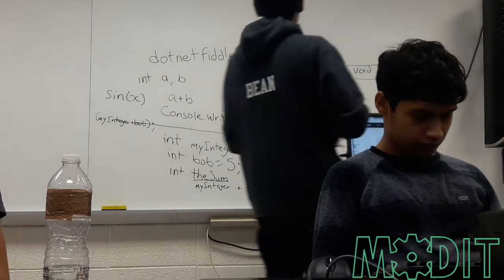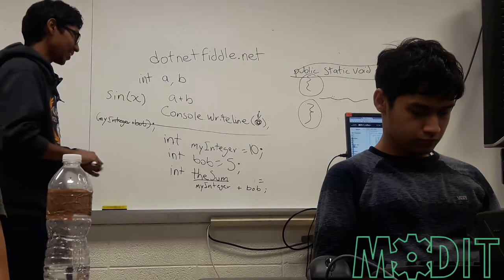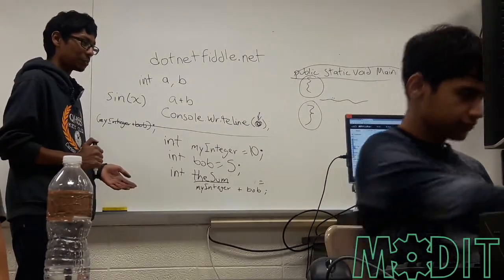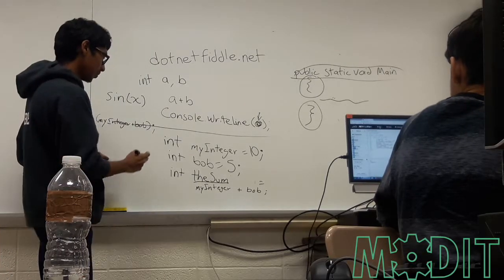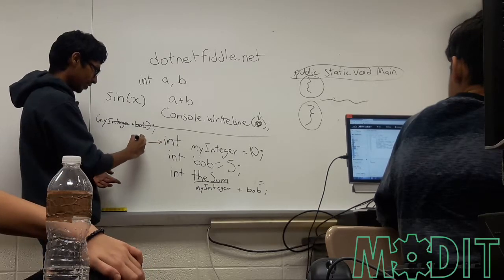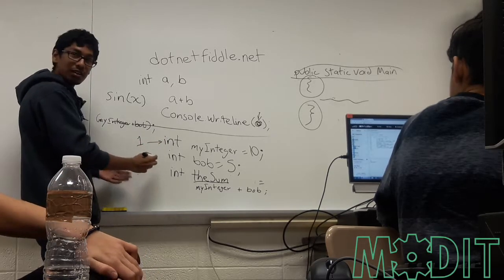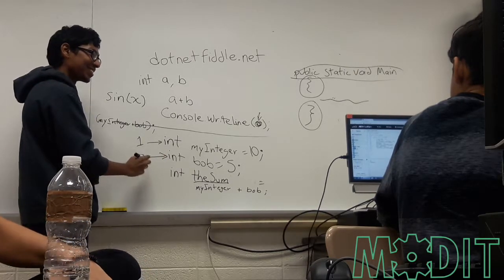Okay. Now, there's one important thing to note, and that is lines are run sequentially. First the computer will run this line. This is the first line executed. Then it runs this line, so that's the second line executed.